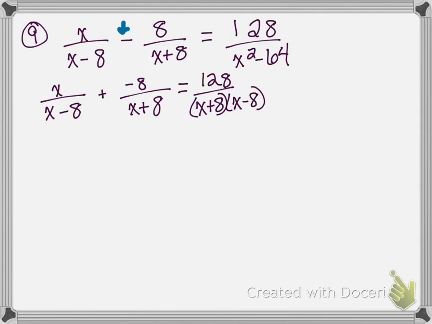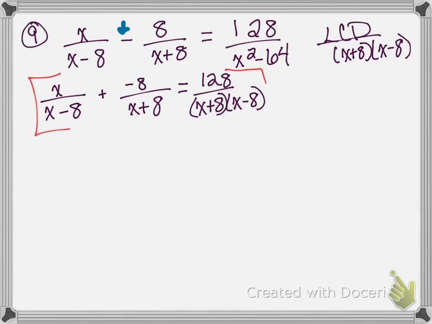So our LCD and what we want to multiply everything by is going to be x plus 8, x minus 8. So we're going to multiply each individual thing times x plus 8 and x minus 8.